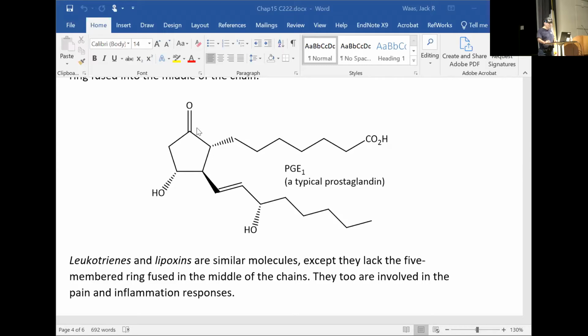Not all prostaglandins will necessarily have a ketone functional group on the 5-membered ring, but I do notice that they generally have 5-membered rings in the middle of that chain. And prostaglandins are an important class of biomolecules. They're involved in the pain and inflammation responses, as you might be aware, and that's about the limit of my knowledge on that subject.